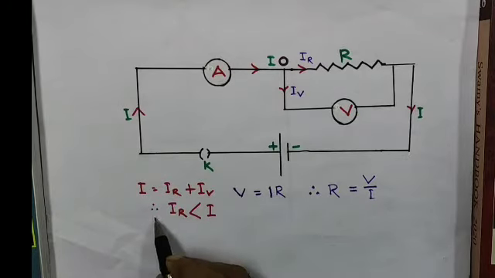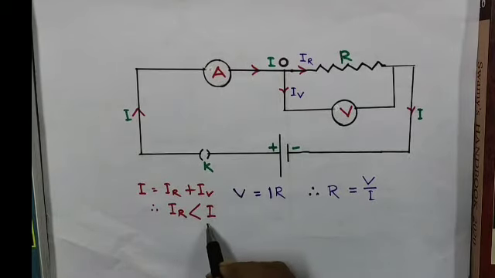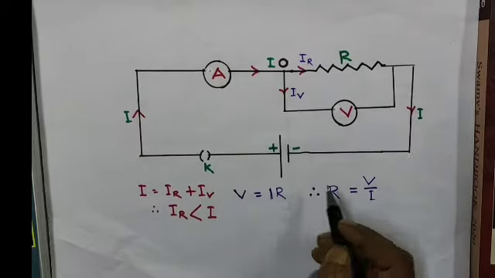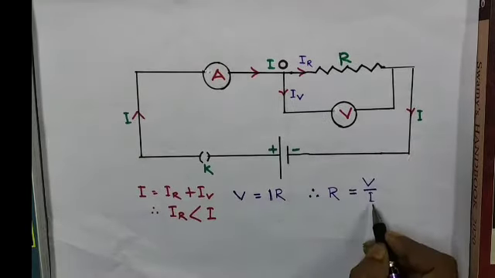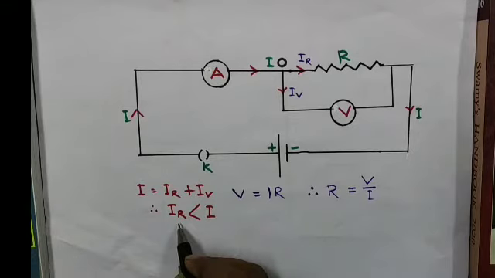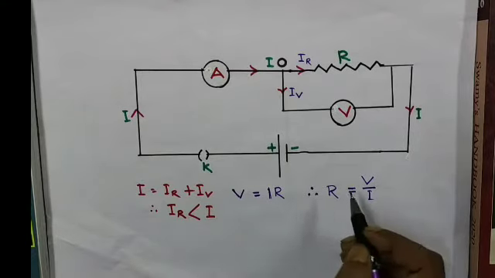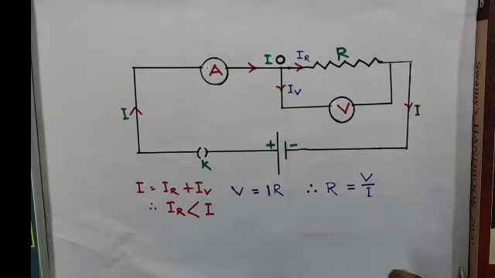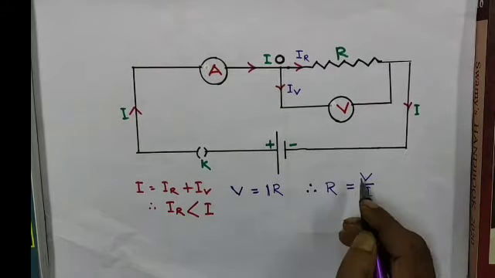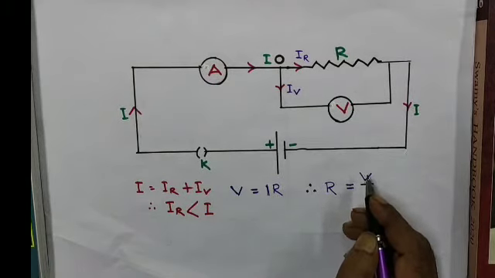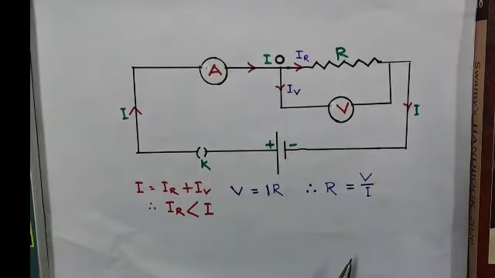So obviously IR is less than I. So whatever I we are using here is not IR. In this way we get some error in determining the unknown resistance through Ohm's law.